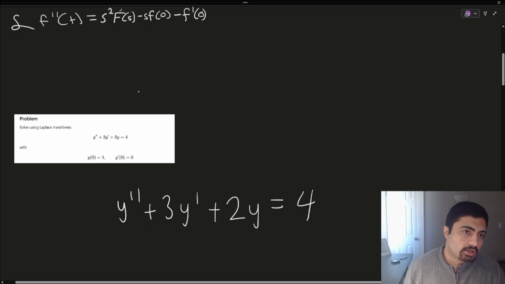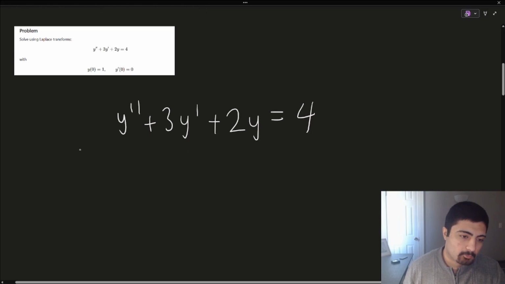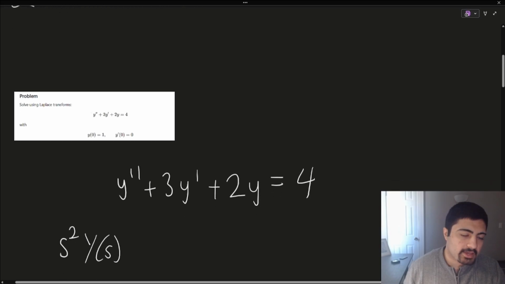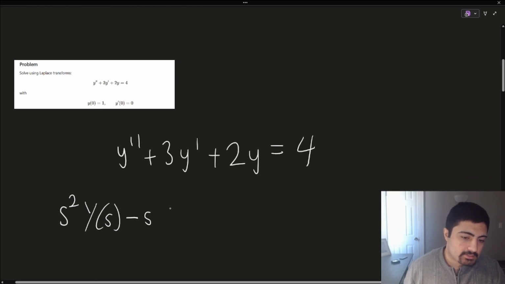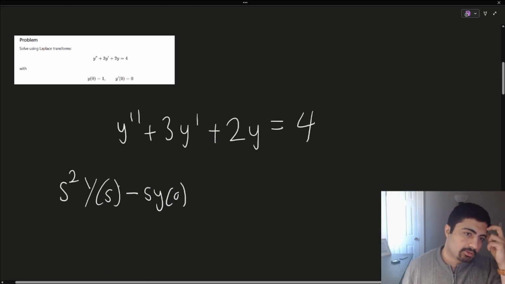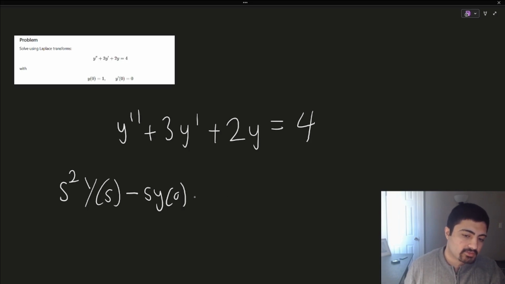You should memorize what they are, especially for these functions, because they're going to come up a lot if you're solving Laplace differential equations. So we're going to have s squared Y of s minus s y of 0. Notice how I changed the variable from f to y, because f is not defined in this problem, so we want to have something that's defined.